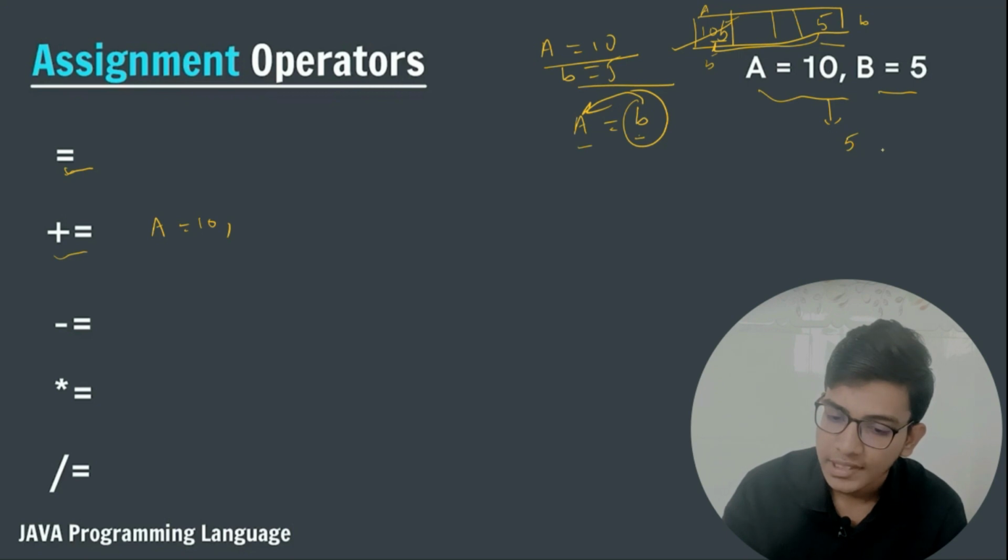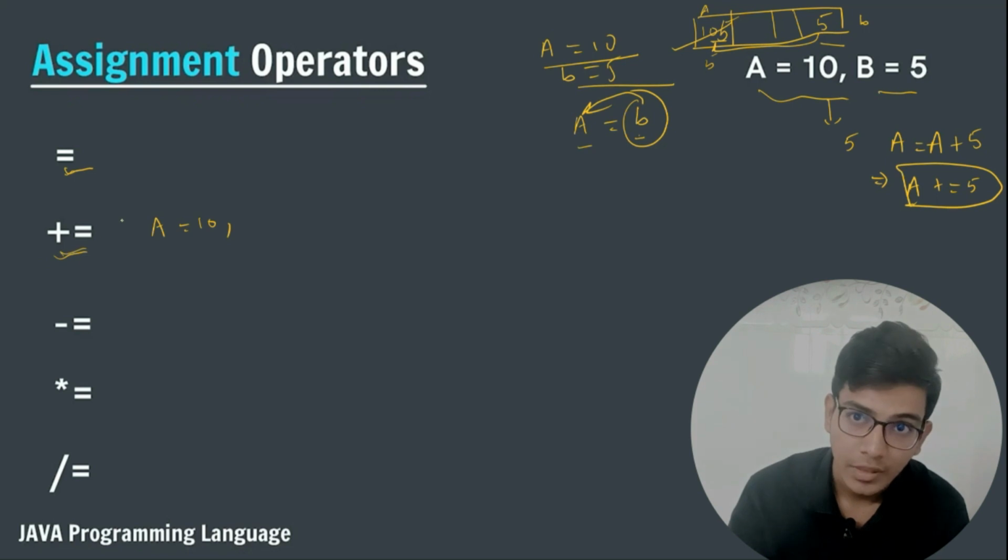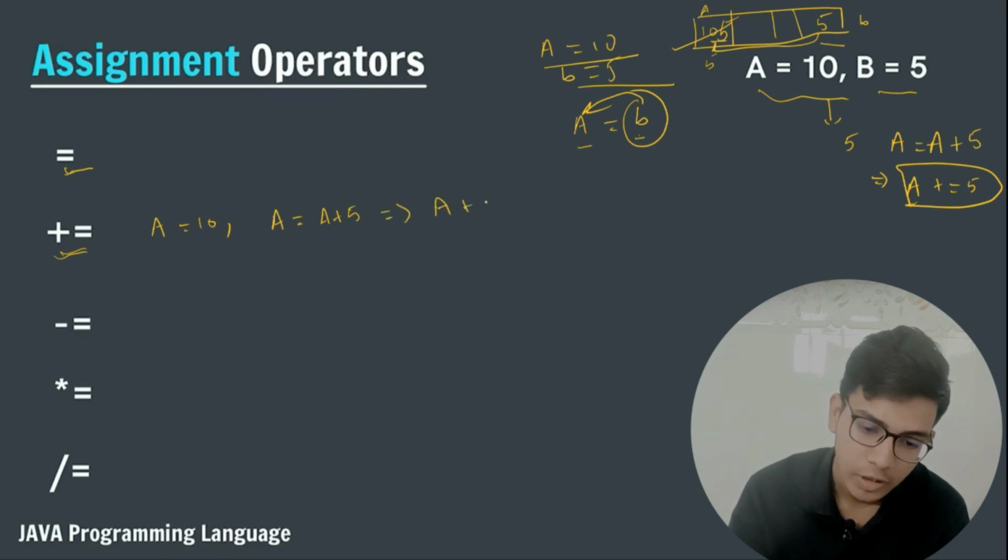I can write a is equals to a plus 5, or you can simply write a plus is equals to 5. This is how we use increment and assign. If you want to increase the value by 5, then you write a is equals to a plus 5, and the shortcut is a plus is equals to 5.